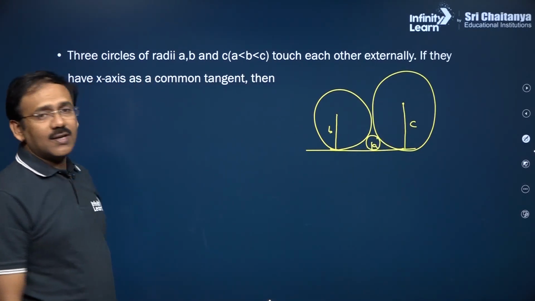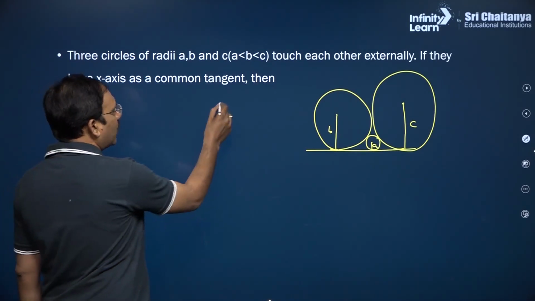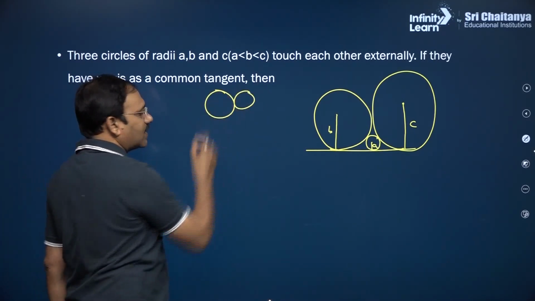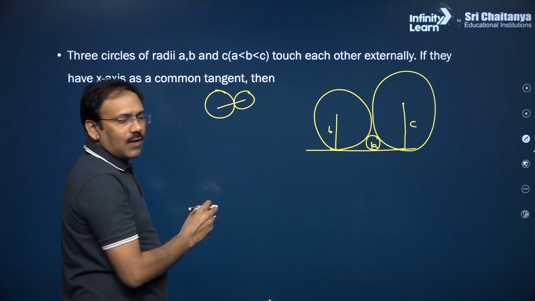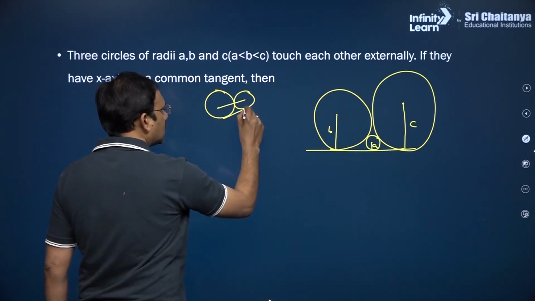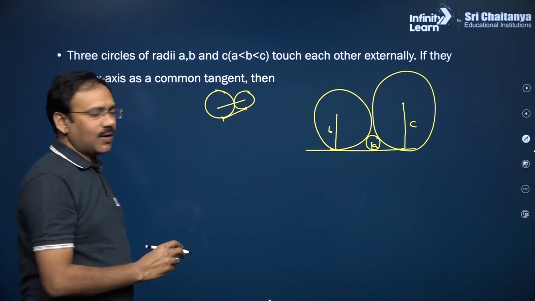Now, my dear friends, we want a relation connecting A, B and C. You can observe one important point. If two circles touch each other externally, suppose the radii are R1, R2, you think about this direct common tangent. Okay.